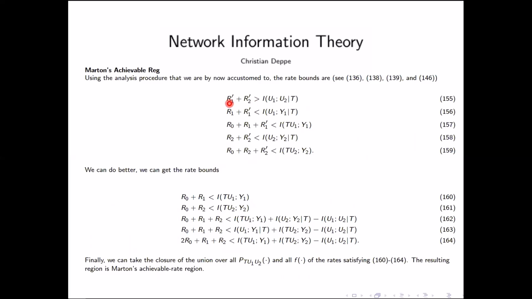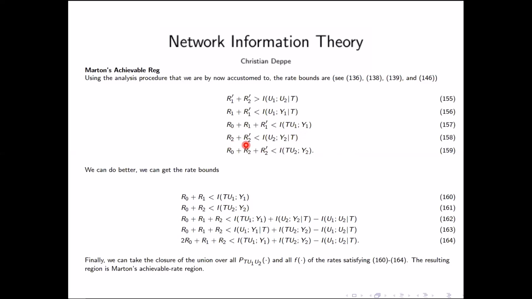You get that R1' plus R2' must be bigger than the mutual information of U1, U2 under the condition T. Then you get that R1 plus R1' must be smaller than the mutual information of U1, Y1 under the condition T. And the triple R0 plus R1 plus R1' must be smaller than the mutual information of T, U1 and Y1.